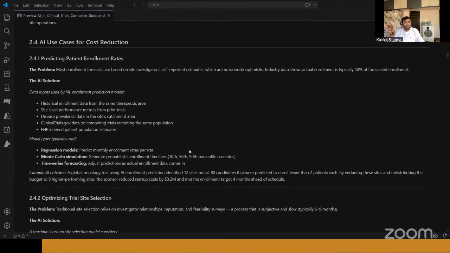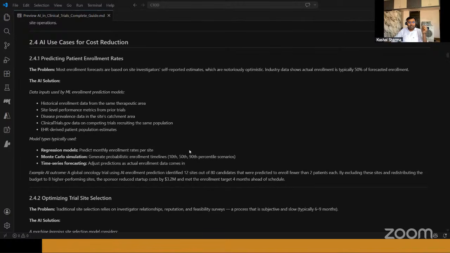So the AI solution would be data inputs used by ML enrollment prediction models: historical enrollment data from the same therapeutic area, site-level performance metrics from prior trials, disease prevalence data in the site's catchment area, clinicaltrials.gov data on competing trials recruiting the same population, EHR-derived patient population estimates.